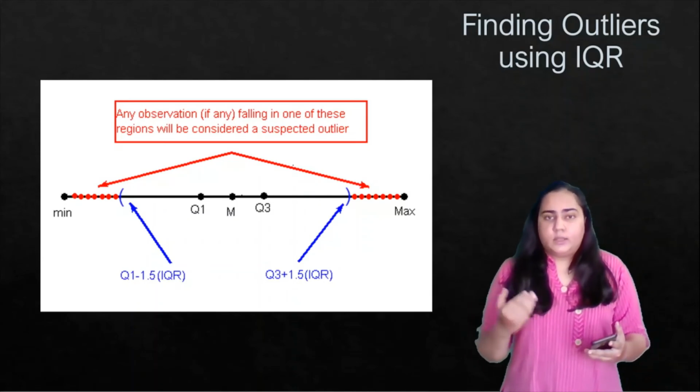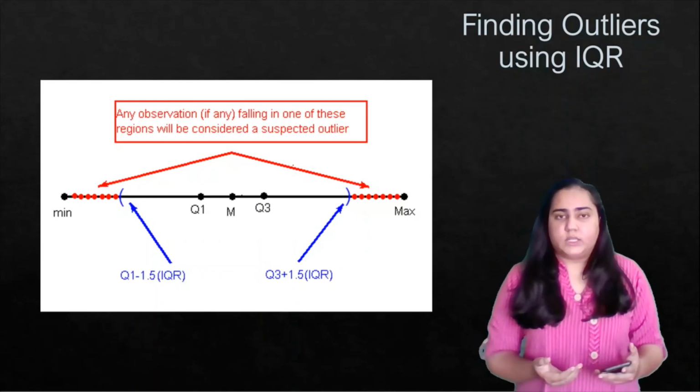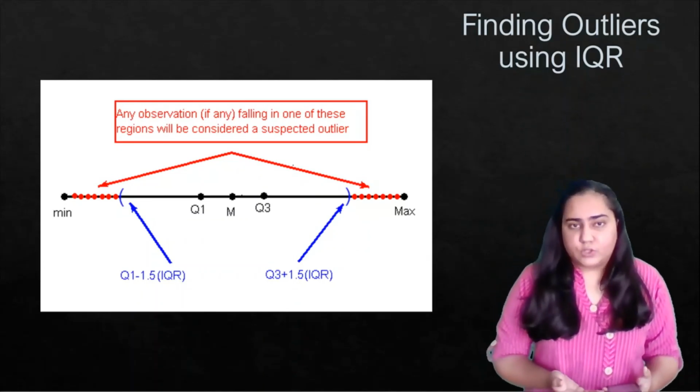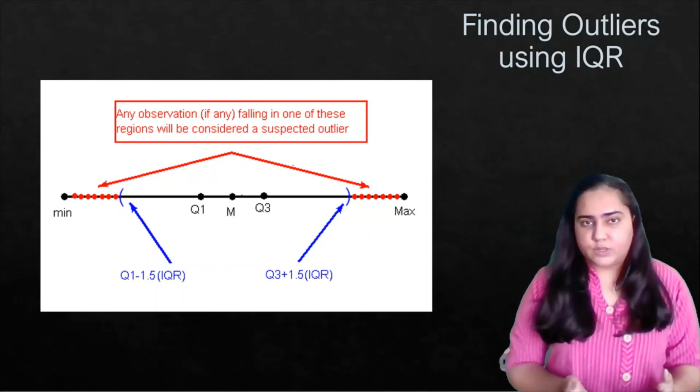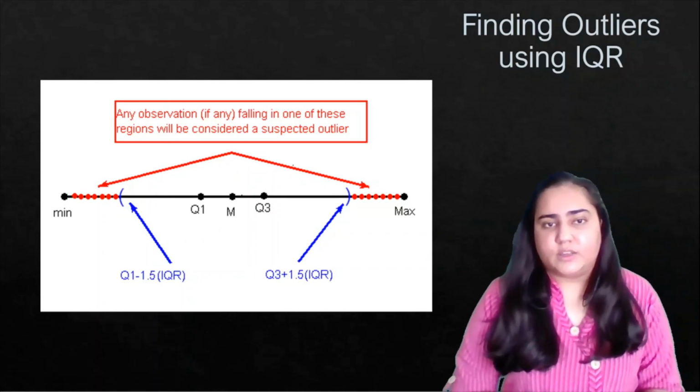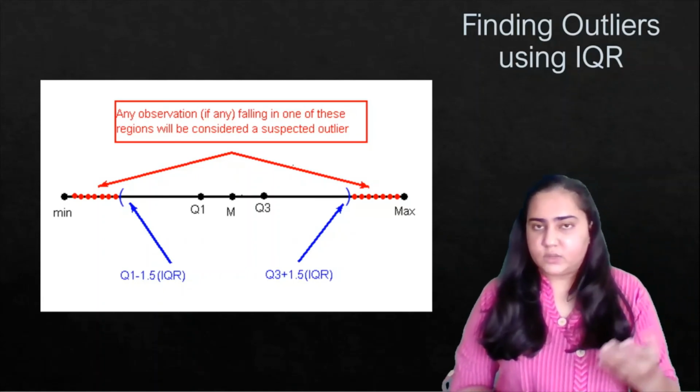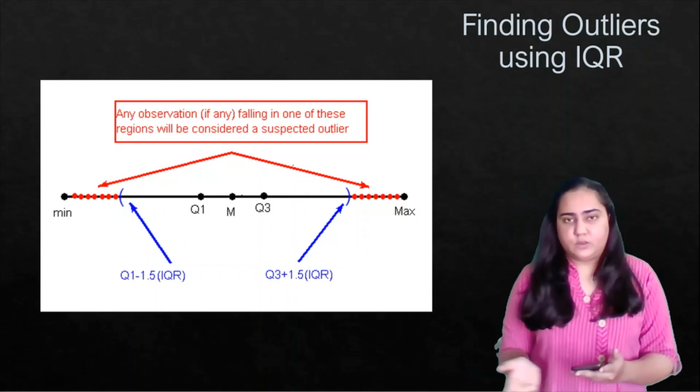And then we are trying to find the interquartile range, which we know is Q3 minus Q1.